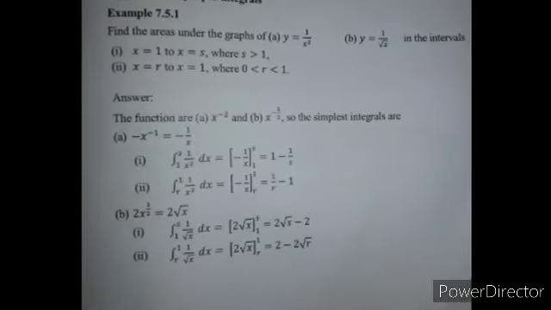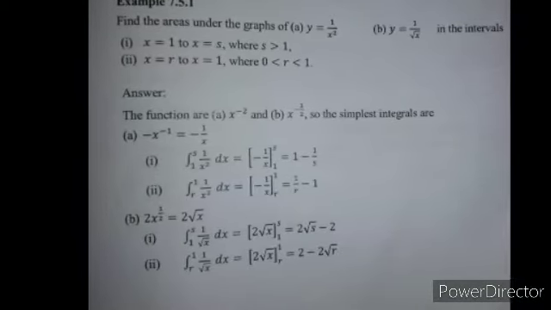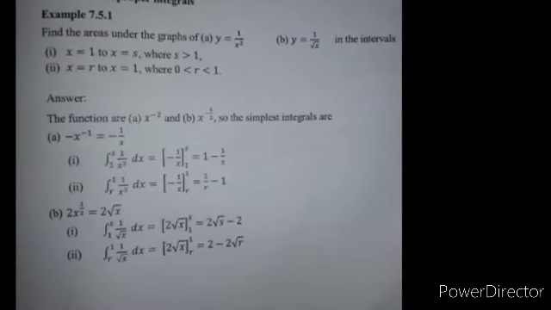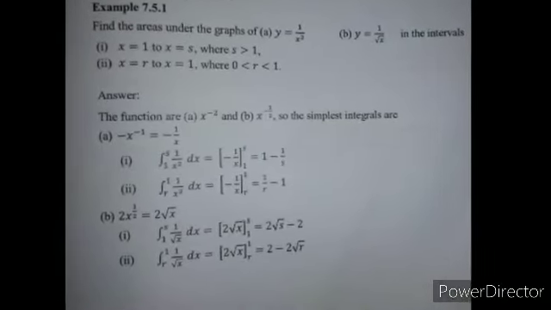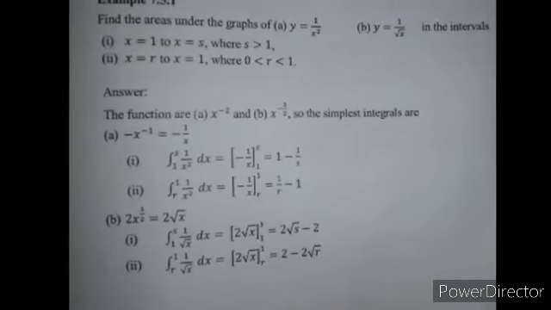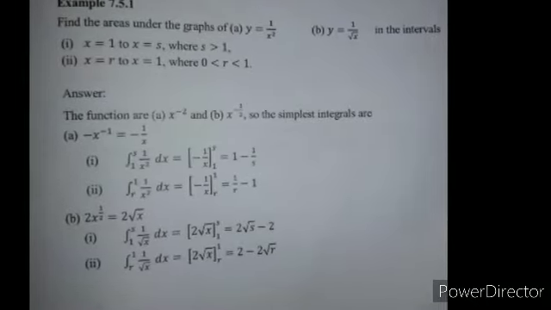Second, the integral from r to 1 of 1 over root x dx equals 2 root x evaluated from r to 1, which equals 2 minus 2 root r.